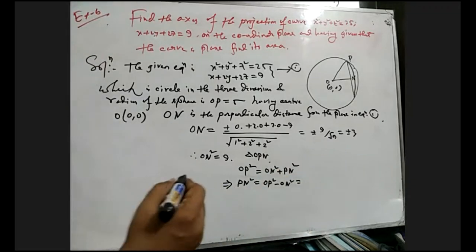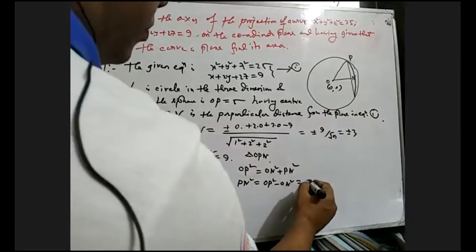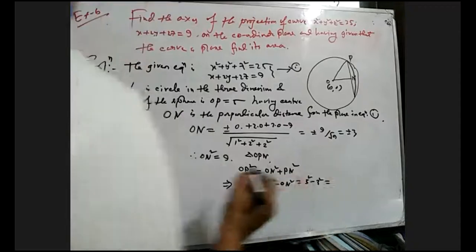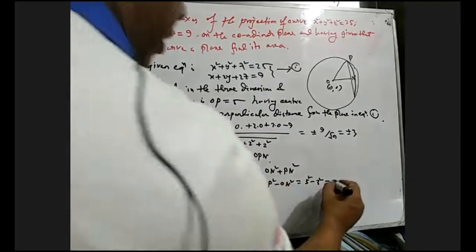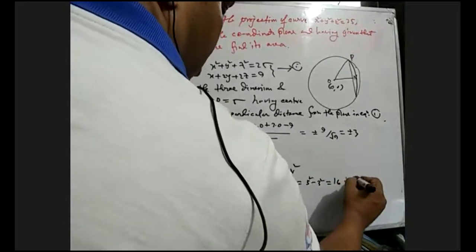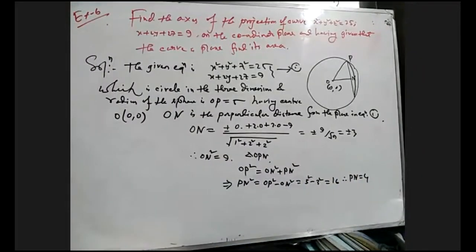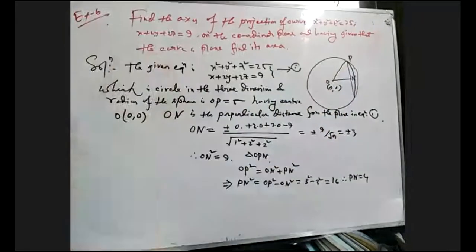So UP is the radius, 5. UP square is 5 square, and this is 3 square. So 5 square minus 3 square equals 16. Therefore, PN equals 4. PN is this distance from the figure.